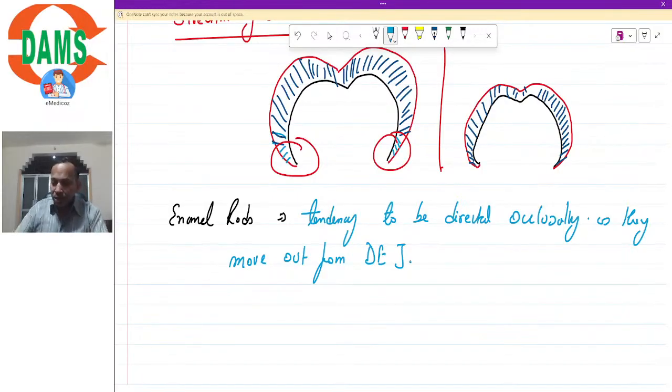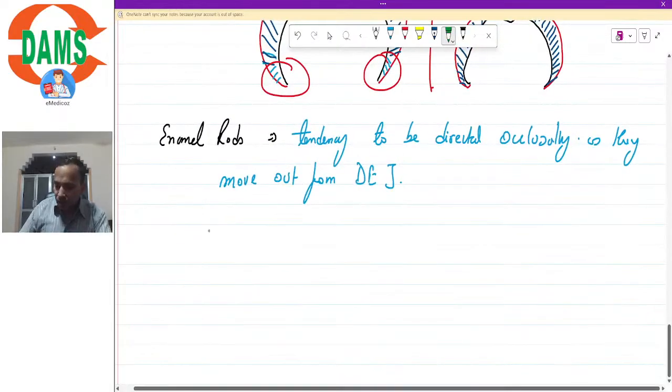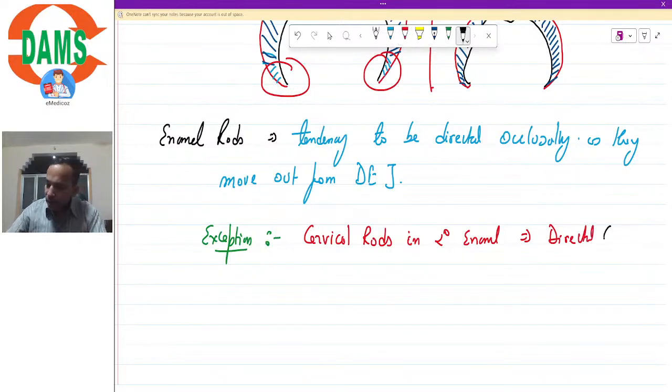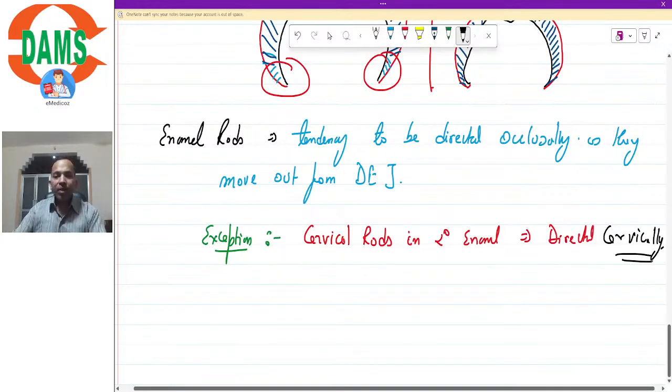So what is the exception? The exception is at the cervical margin. The cervical rods in permanent enamel which are directed cervically, right? So this is the exception, not the rule.